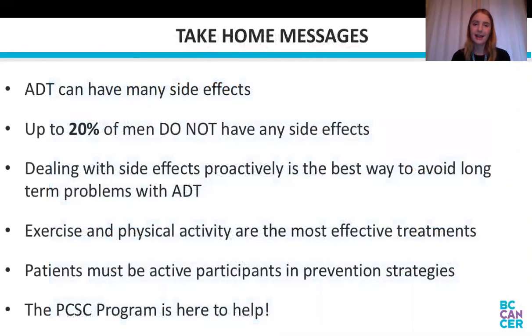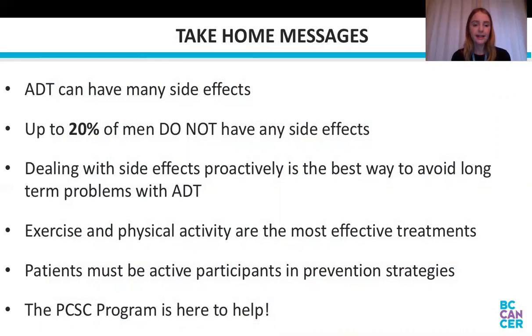As you've seen, hormone treatment can have many side effects, but up to 20% of men do not have any side effects. Being proactive is the best way to avoid long-term problems with hormone treatment. So starting to do exercise and physical activity, healthy nutrition right away can help with some of those side effects.